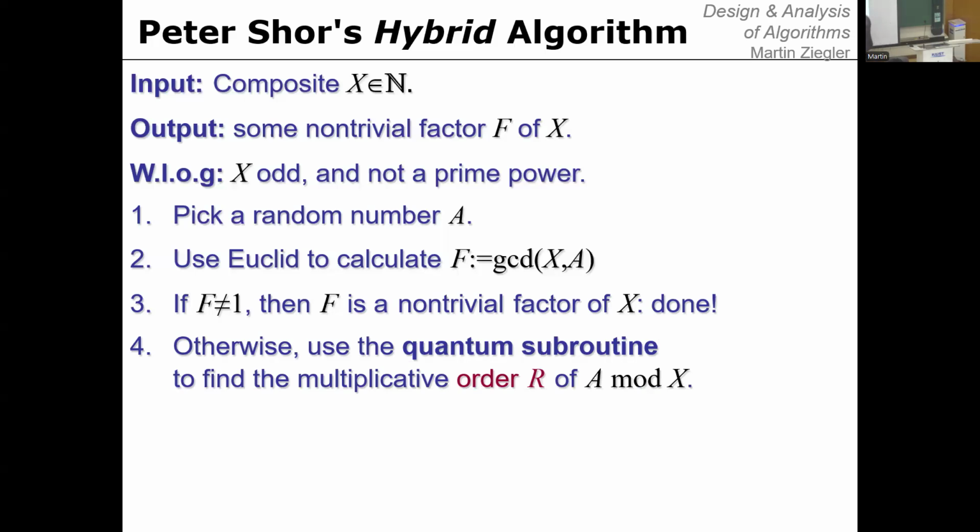If x and a are coprime, then we know from number theory or discrete mathematics that multiplication modulo x of a forms a finite group. So we can take a squared, a cubed, all modulo x. Doing that repeatedly, at the end we will arrive back at 1.